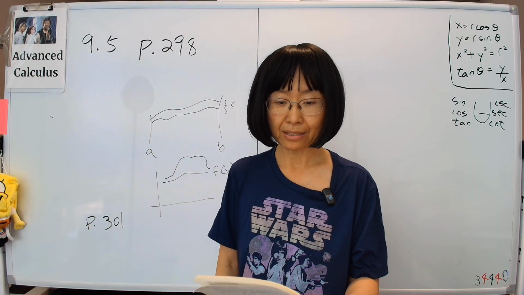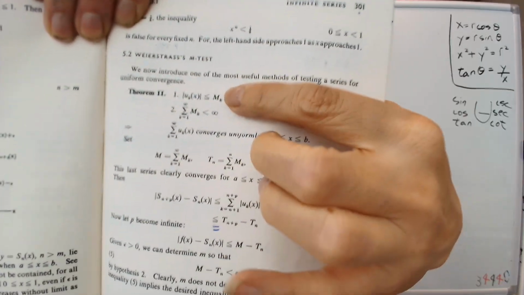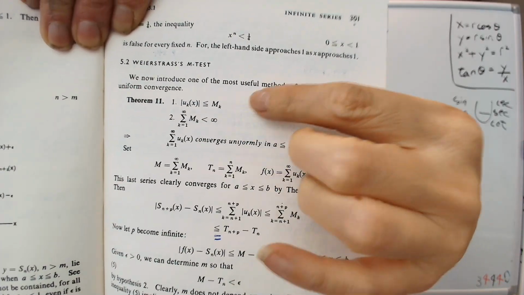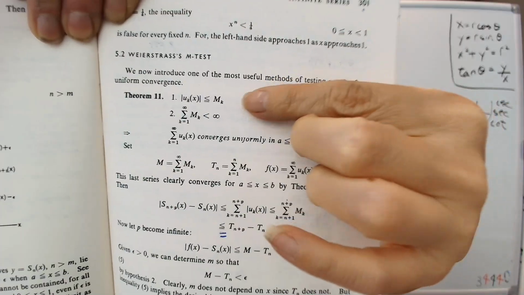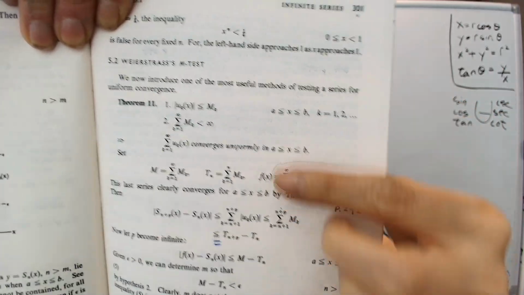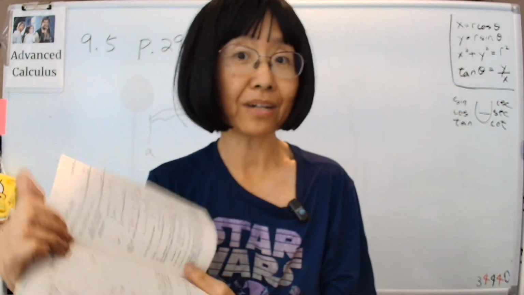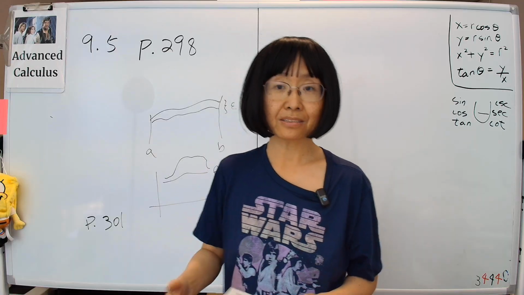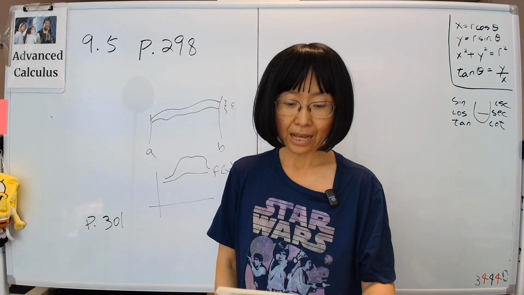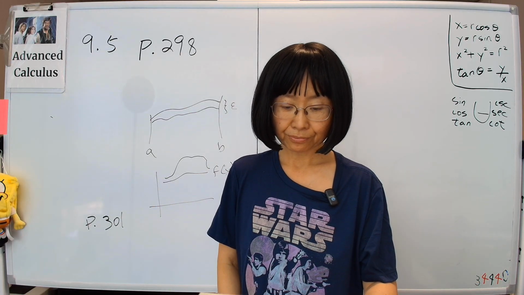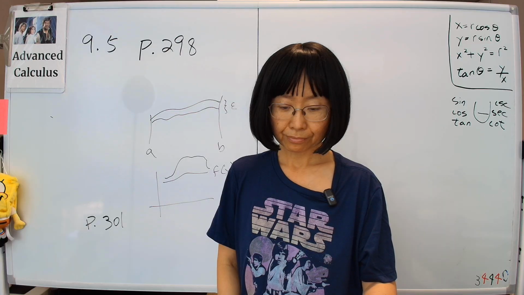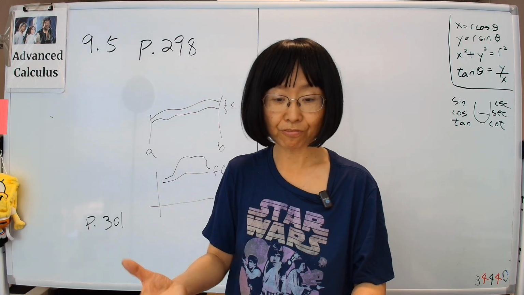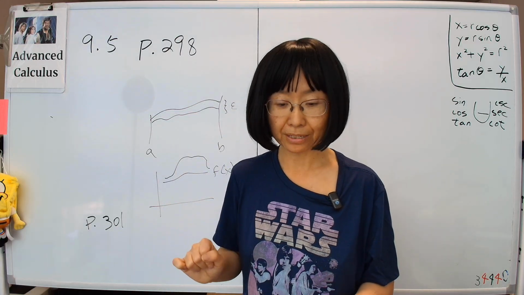Well, the theorem 11 is defined with the absolute value in mind. So if a series converges, then under this condition, the absolute value is already slapped on there. So then, of course, it converges absolutely. Now, that is if it follows the requirement of theorem 11, okay?